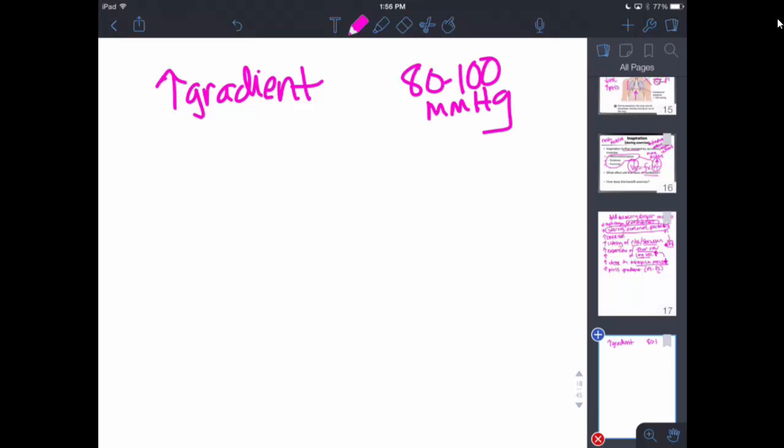Remember that the inspiratory gradient at rest was only about 2. So we get a much bigger gradient, which means you're going to get more air that needs to come into the lungs before equilibrium is reached.